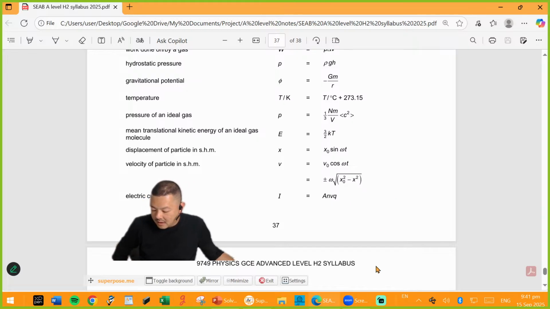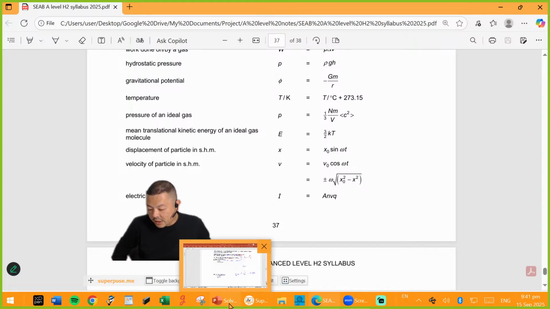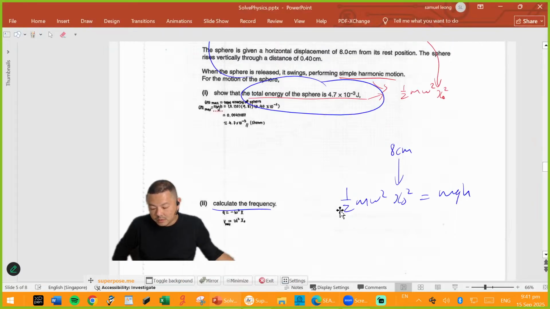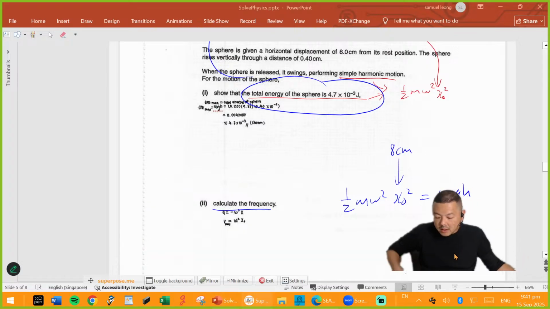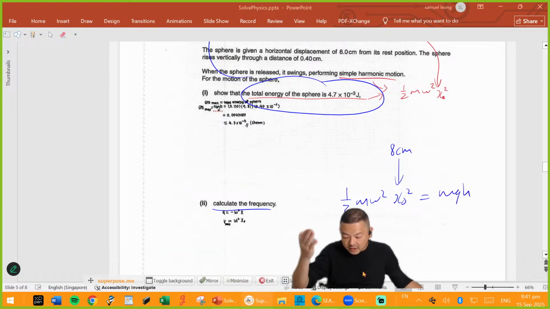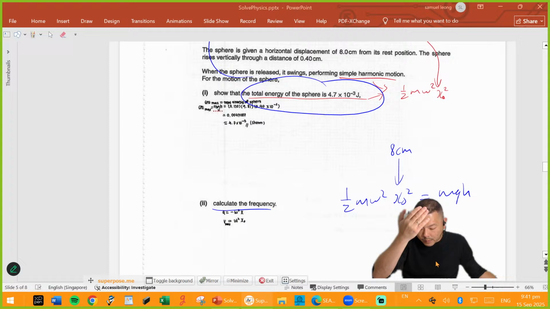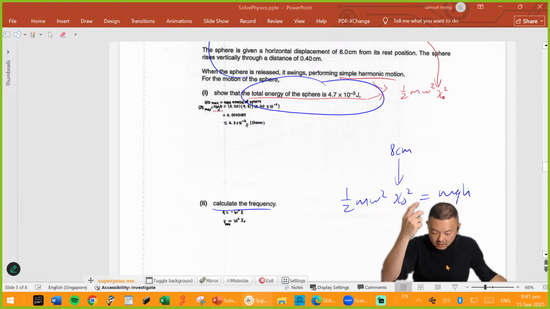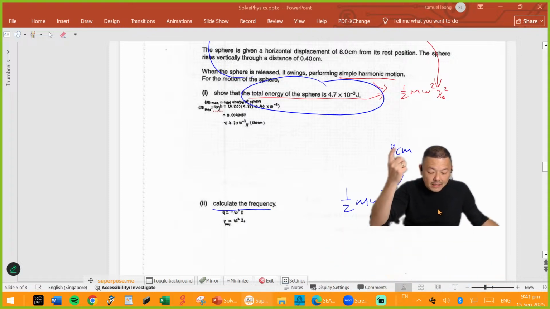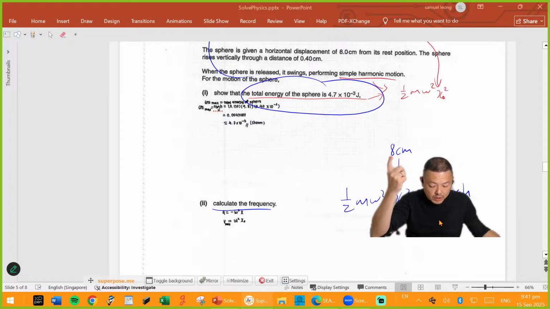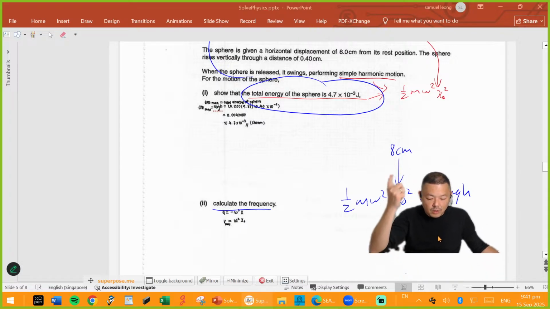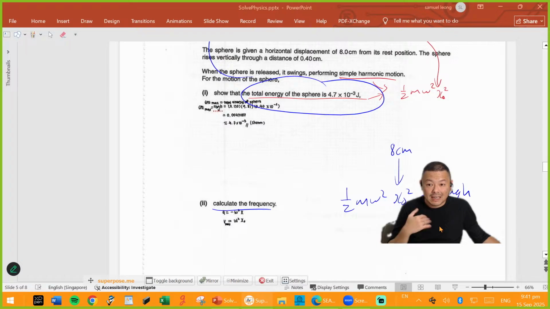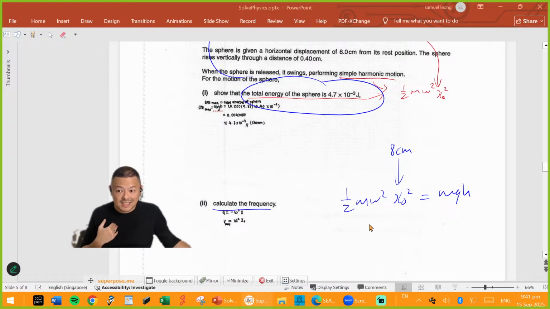Pretty sure it's an equation that you can quote, so you don't have to show how to derive it. You probably have to write down that the total energy of SHM is half m omega squared x naught squared, and then write a statement saying that the pendulum is approximate SHM, so x naught is taken as 8 cm. That's my recommended way to write it, because I just noticed this is an A level question.